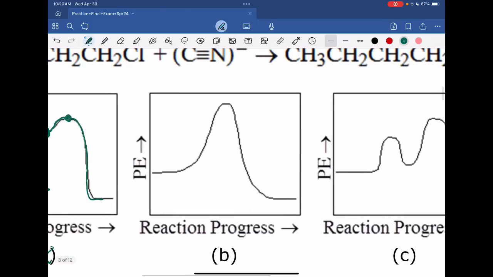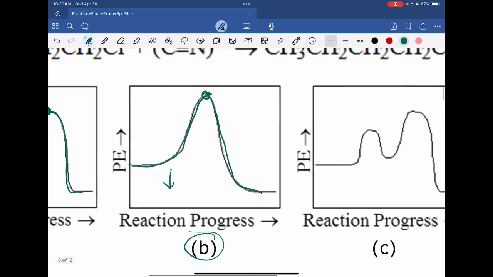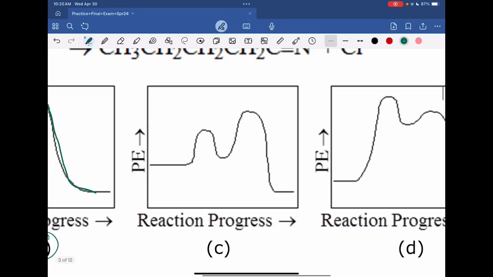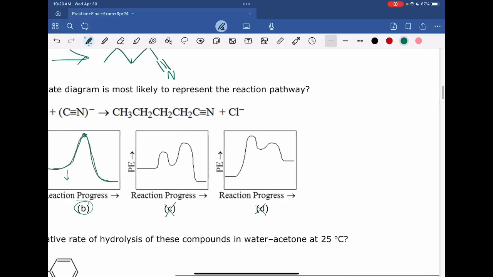B is a one-step reaction. You go up to a transition state and go back down to the product. And it should be downhill, which makes sense. C, again, two-step reaction, same reason as A. Let's just cross it out, and same for D. These are two-step reactions.